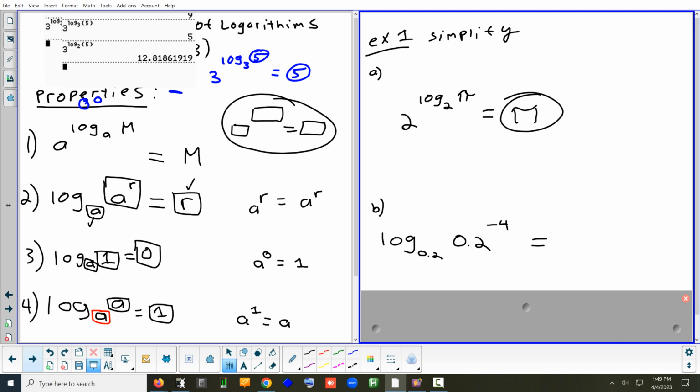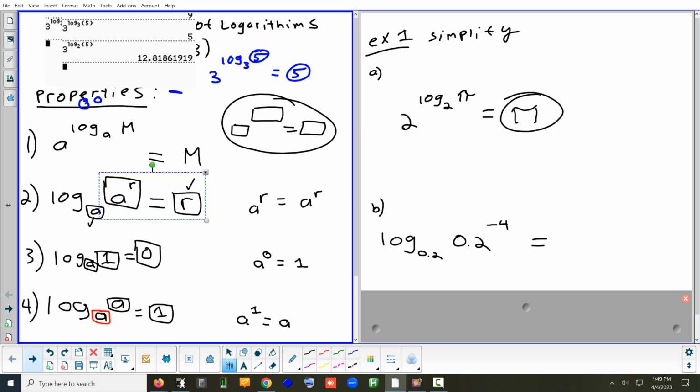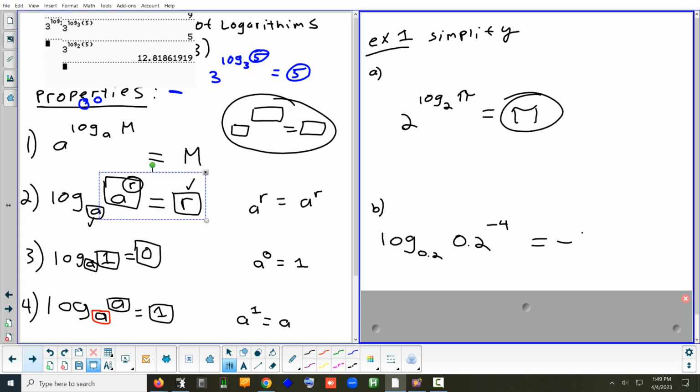Negative 4. Yep, negative 4. So the answer that you get when you have this pattern is whatever number was right there. That's what it all simplifies to. So in our case, negative 4. Again, if you change it, so one of these is a 0.2 and one of them is a different number, you can't really do it without a calculator.